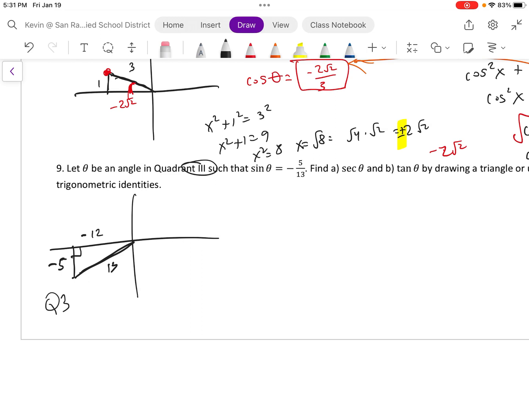And in this case, it would be negative 12 because our x values on the x-axis are negative in Q3. So this point right here is negative 12, negative 5, the x and y values. So it wants secant of this angle right here. Secant is negative 12 adjacent over opposite, negative 5. So this is going to be 12/5.